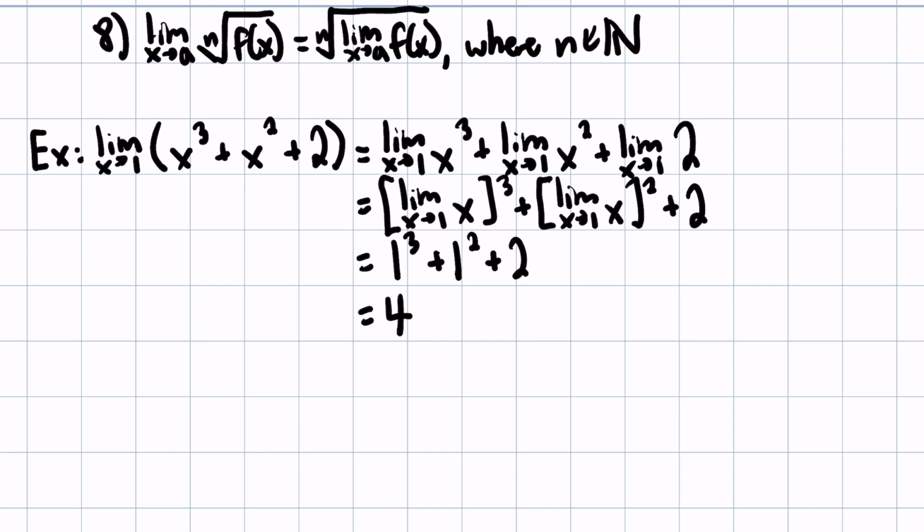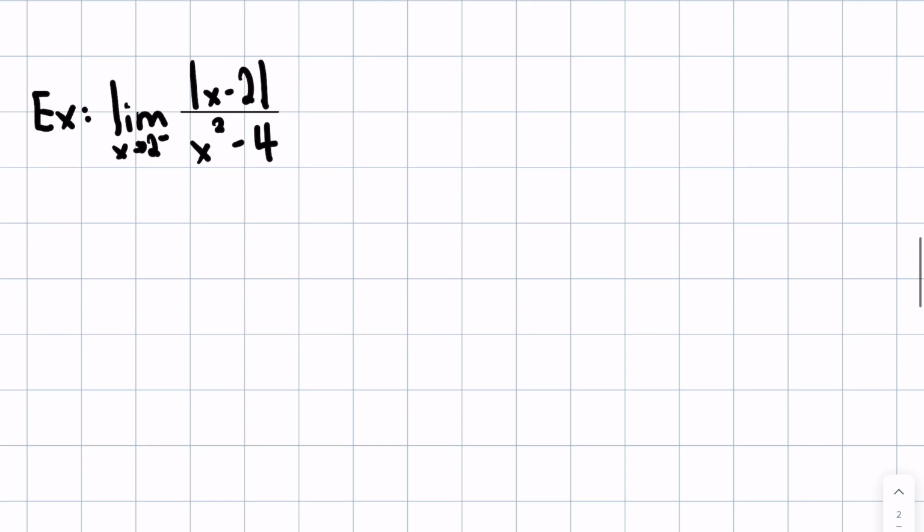All right. Our next example is going to be a little bit more complicated. So basically, with this example, we actually have to consider what the graph of the absolute value of x minus 2 looks like, because we're talking about a one-sided limit.